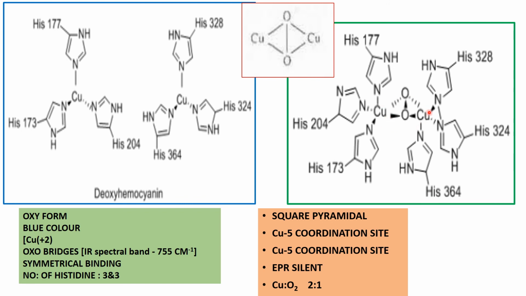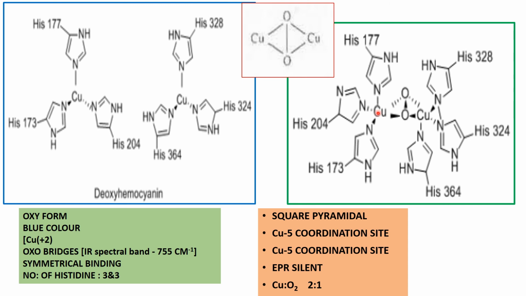And here the IR spectrum shows that the oxygen-oxygen bridging band appears at 755 centimeter inverse. It's a symmetrical binding, so it's Raman inactive. Here the number of histidine units is 3 and 3. It's a square pyramidal structure and EPR silent, and the copper to oxygen ratio is 2 to 1.